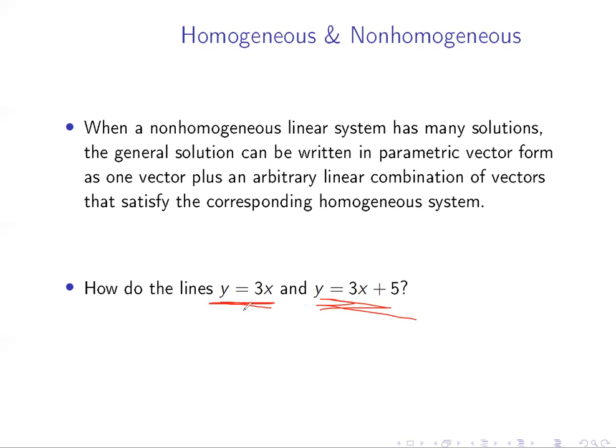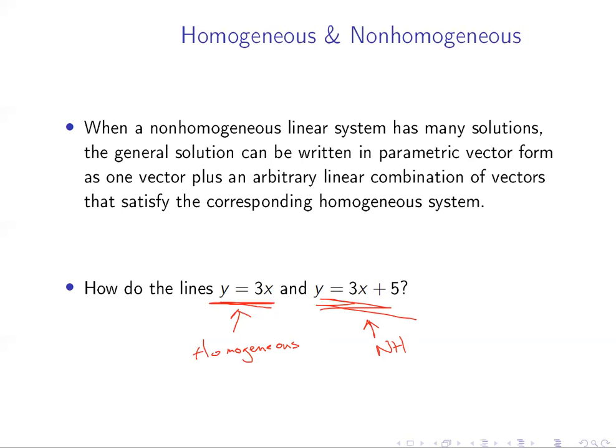So let me write that in. This is homogeneous. Pardon my handwriting. This one is non-homogeneous. So this is a homogeneous versus a non-homogeneous solution, and that helps us begin to realize how we can examine these things and understand them a little bit better.